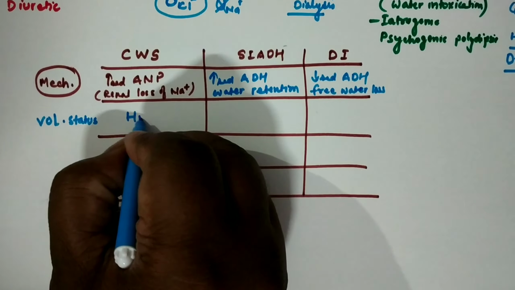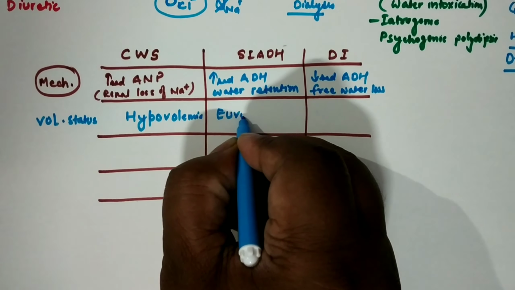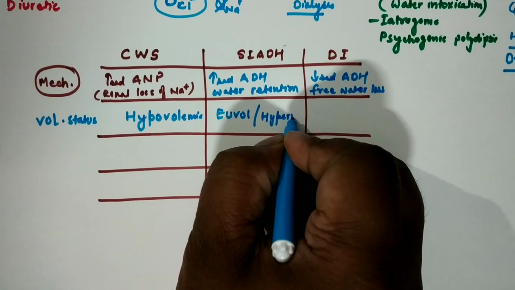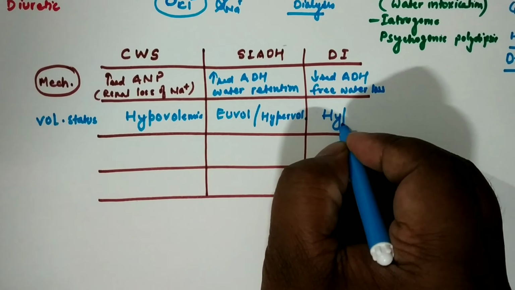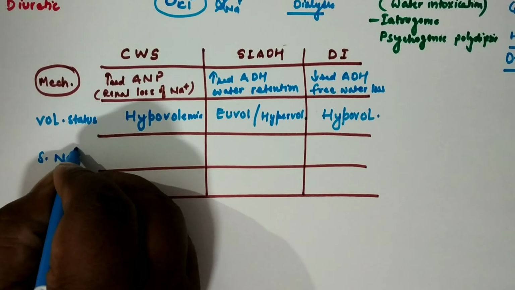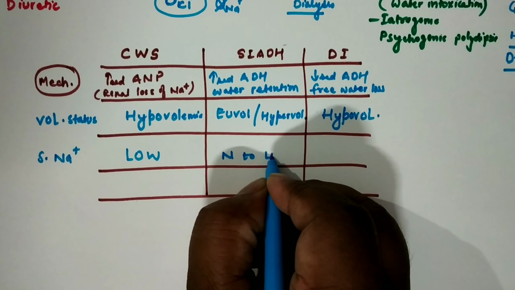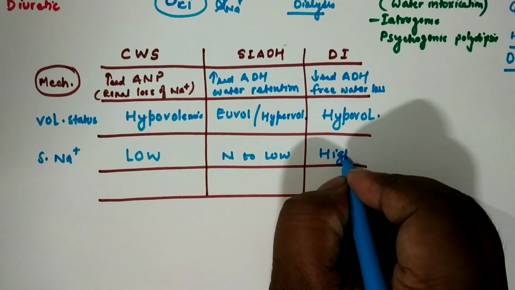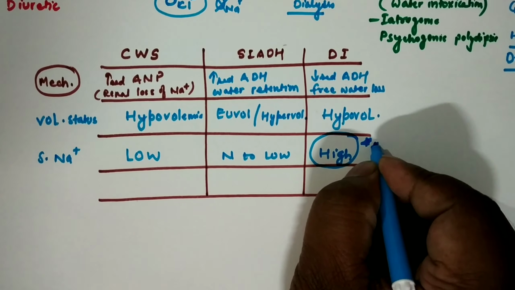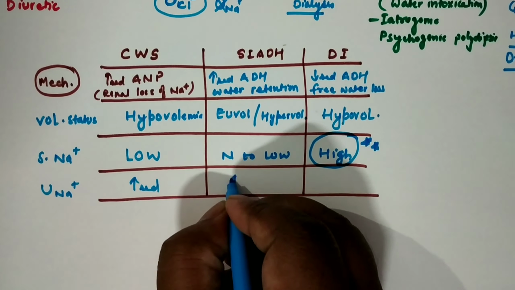If we look at the volume status, we have hypovolemic in cerebral salt wasting, euvolemic or hypervolemic state in SIADH, and hypovolemic in diabetes insipidus. For serum sodium, it is low in CWS, normal to low in SIADH, and diabetes insipidus we can differentiate from these two by its high sodium.